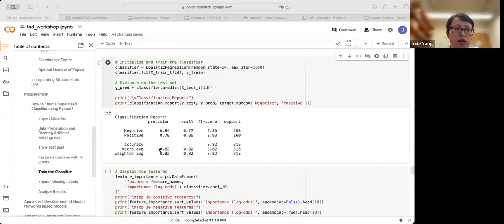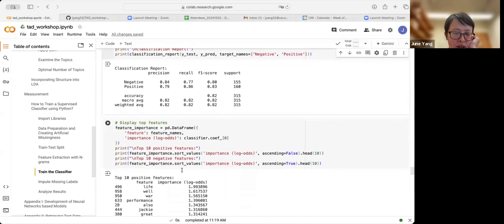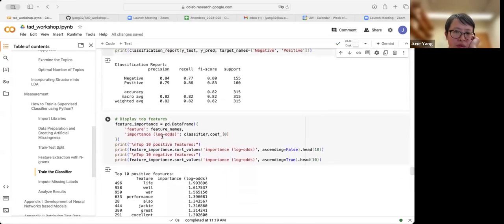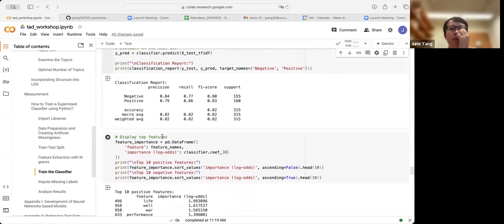The F1 score is more of an average, a macro aggregate of these two precision and recall measurements. And this performance is, I would say, good enough. The model can be used, but it can definitely be improved based on the method.